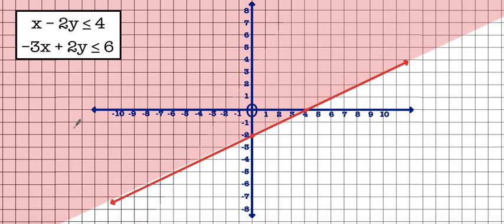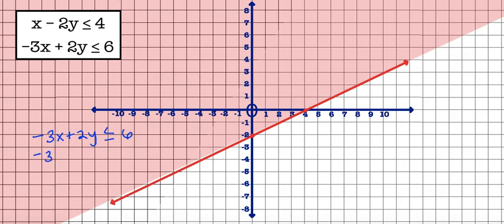All right, and now we have negative 3x plus 2y is less than or equal to 6. And we're going to find our x and our y-intercept. So in order to get our y-intercept, we're going to substitute x for 0.